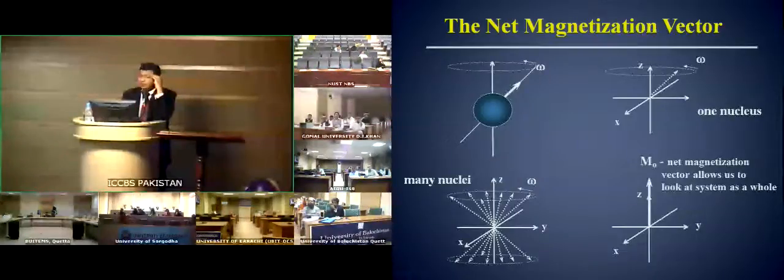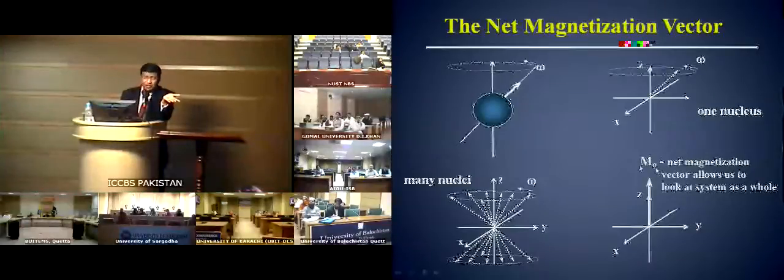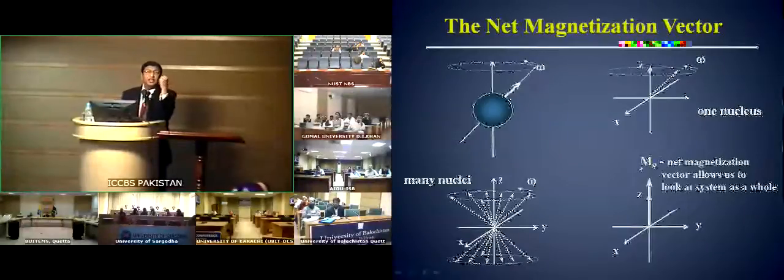This M naught represents the excess population in the lower state, and it is called the bulk magnetization vector, representing the Boltzmann distribution excess. And this Boltzmann distribution is directly proportional to the magnetic field and gyromagnetic ratio; you should not be surprised because everything is with reference.